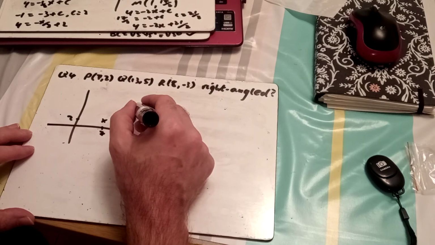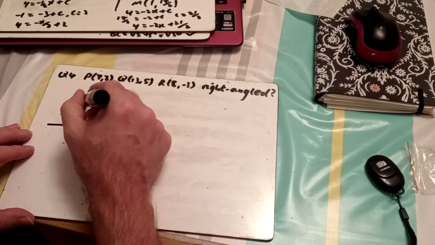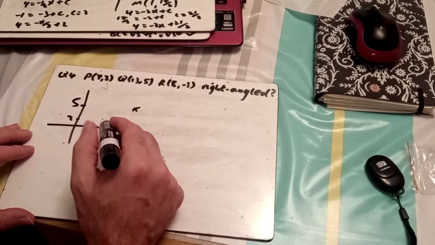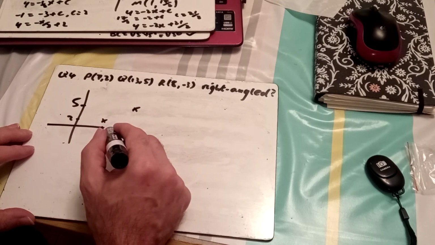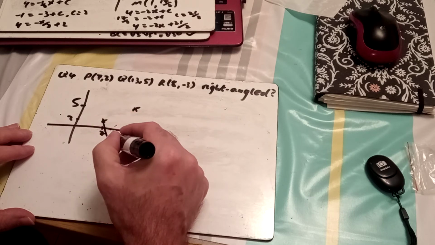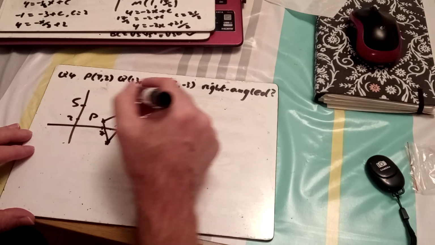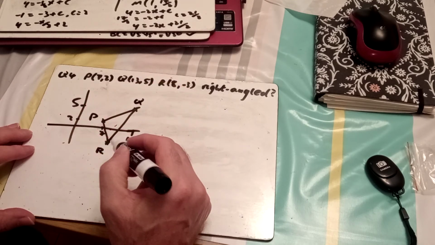Gosh, almost a straight line, isn't it? There's 13 and there's 5, and the point (8, -3). So if it's a right angle, it's here. So we've got P, Q, and R.